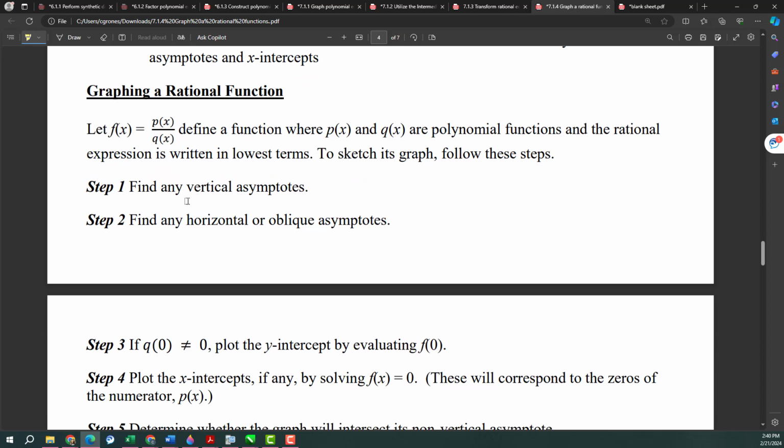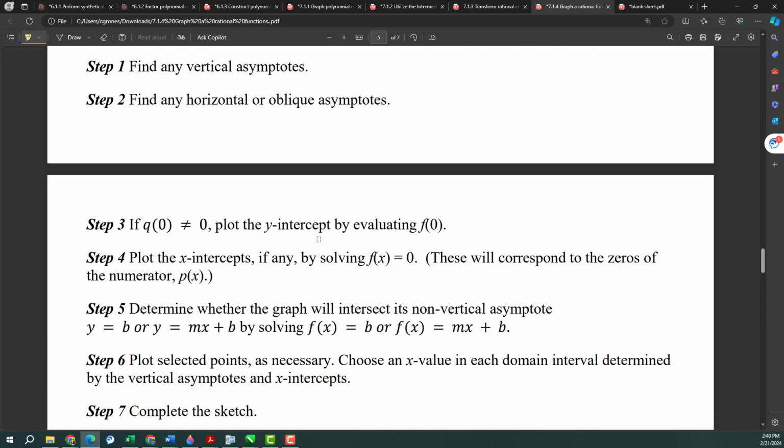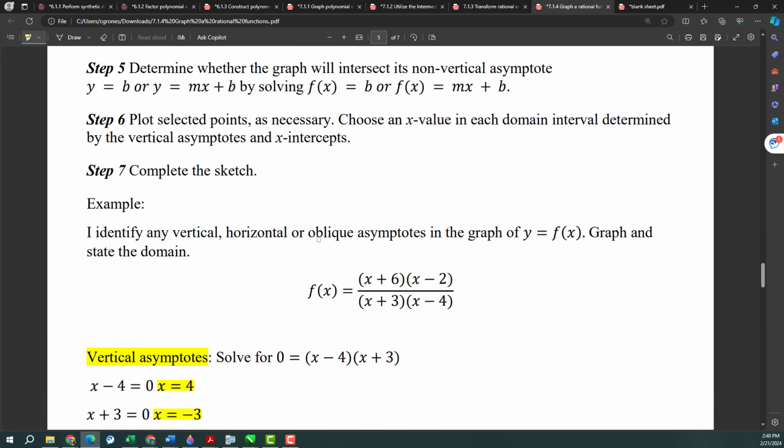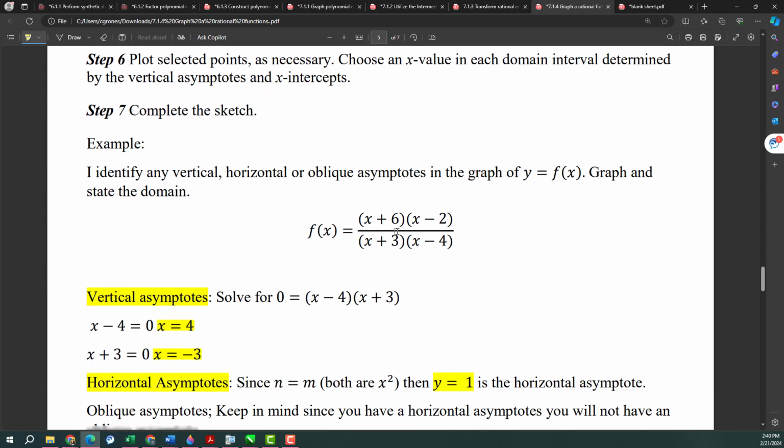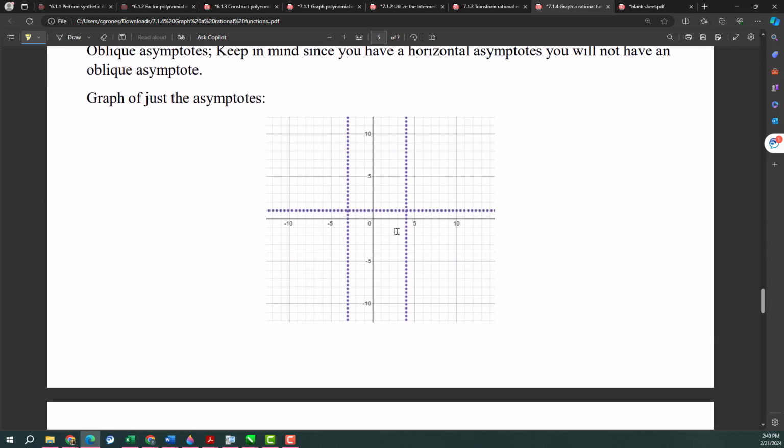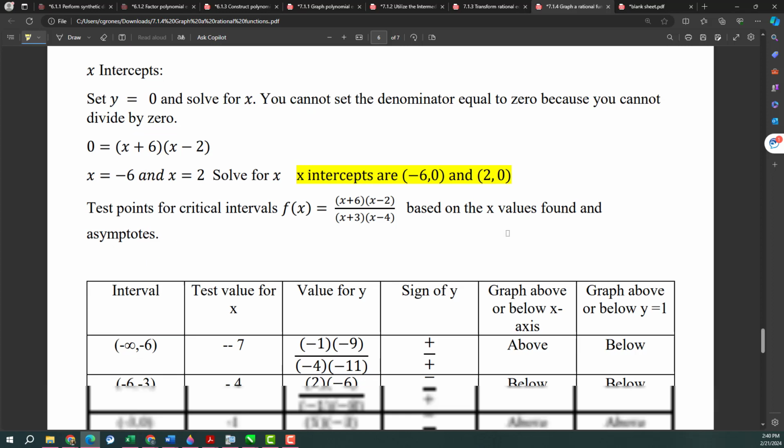So let me look at these. We will be looking at these steps whenever I go through the homework. And there are examples, of course, down here.